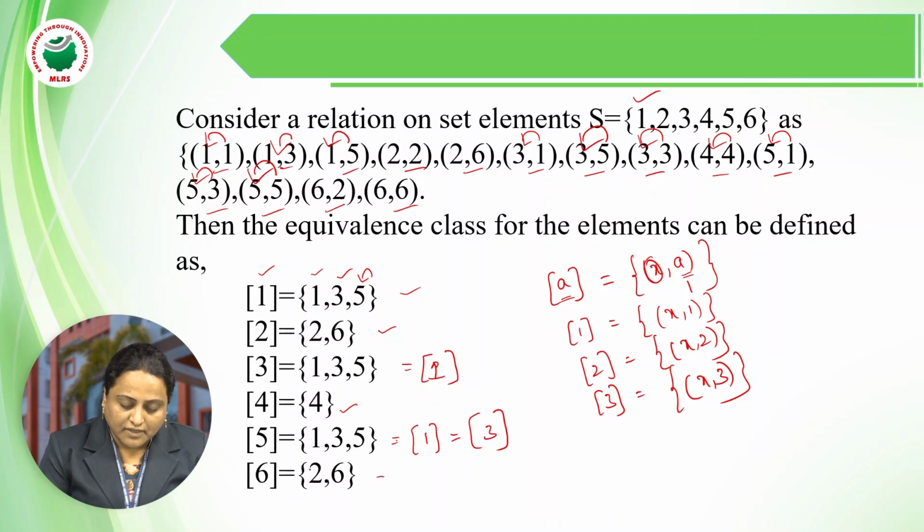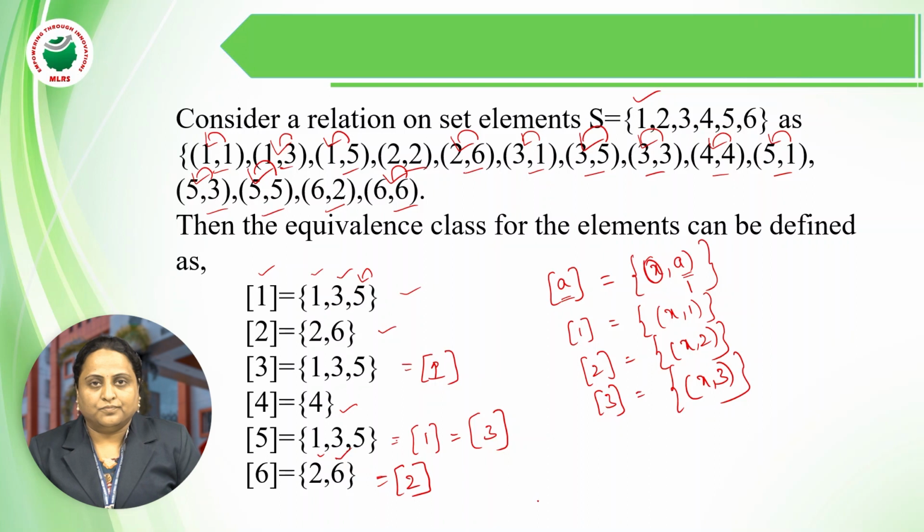And coming to the next one, 6 is related by 2 and by itself, 6. So it is equivalent to the equivalence class of 2. This is how you can form the equivalence classes for all the elements in the given set. So this is about equivalence relations and equivalence classes. Thank you.